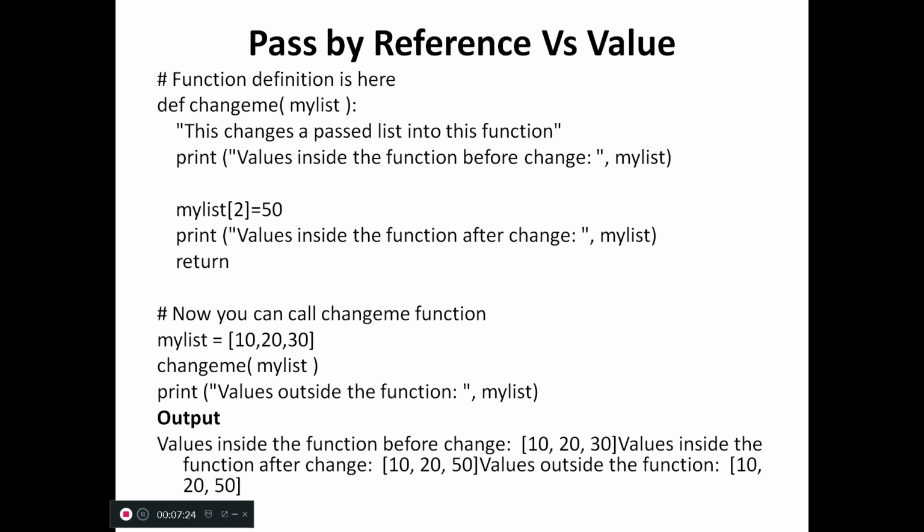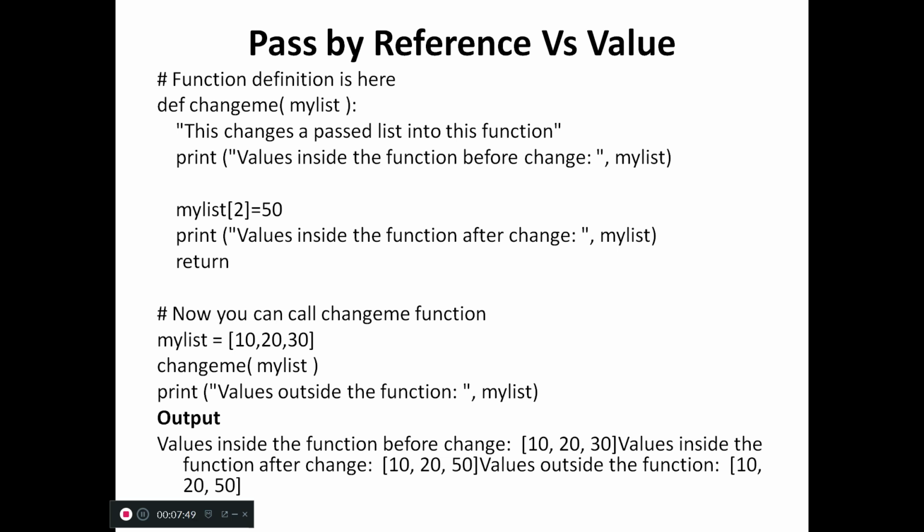The output will be values inside the function before change, that is 10, 20, 30. Values inside the function after change, 10, 20, 50. Values outside the function, 10, 20, 50.